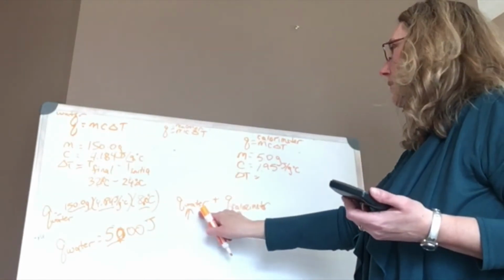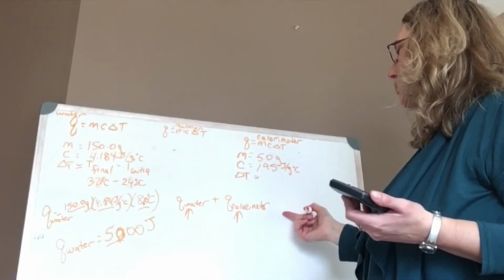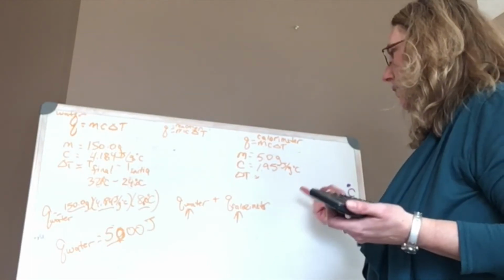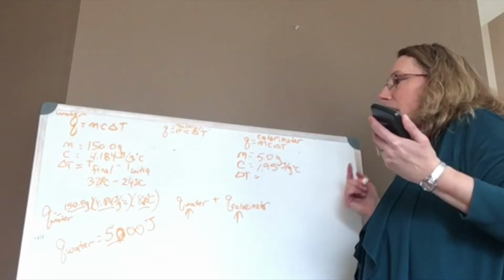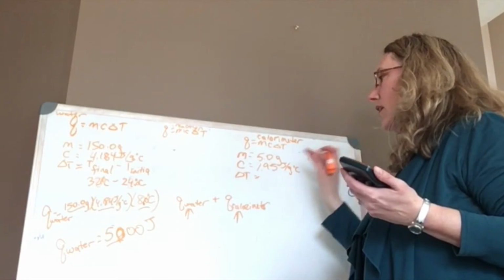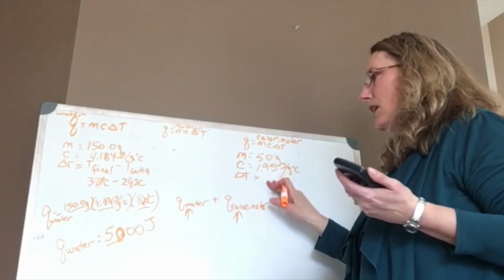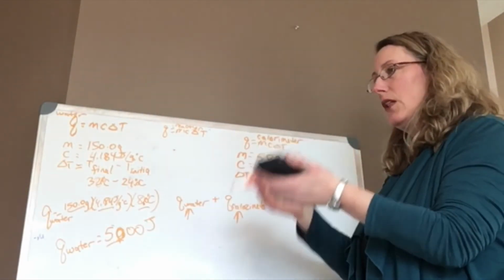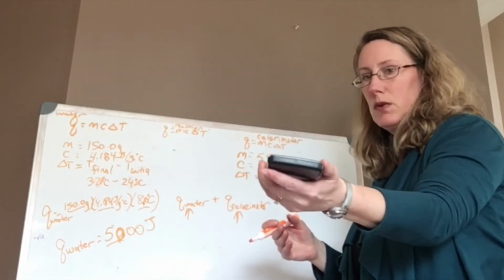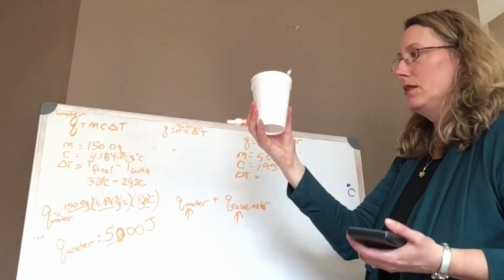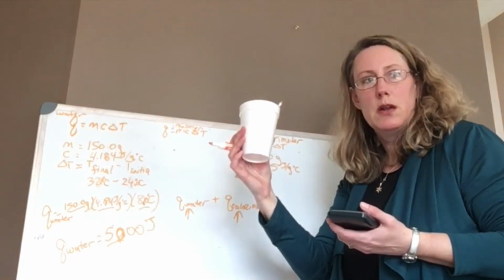All right, so let's figure out how many joules went into the calorimeter. Well, they didn't tell me in the question about my delta T, but if you have a calorimeter and water sitting there, like this one is, what's my initial temperature of my calorimeter?